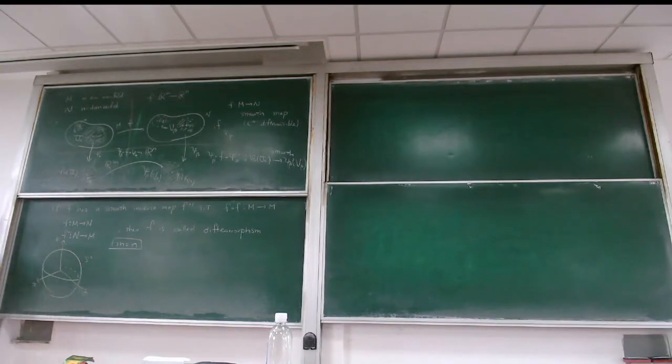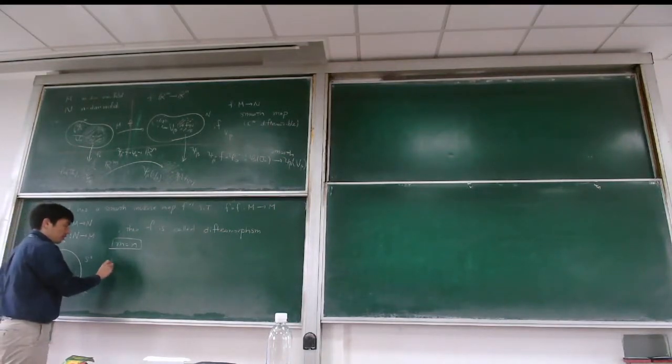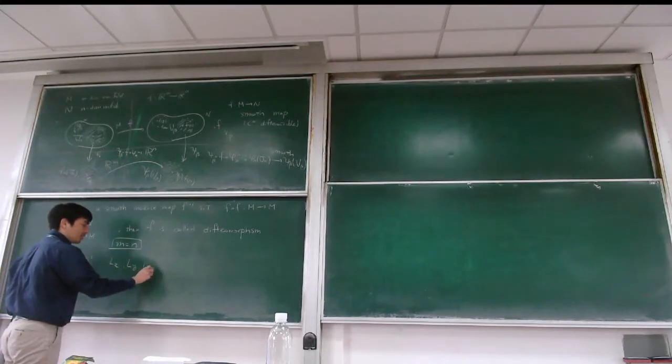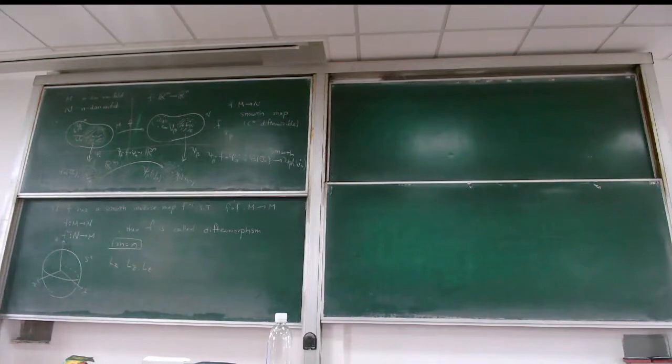Usual physicists will call it, and then you can just consider rotation around the x-axis and the y-axis, rotation around the y-axis and z-axis. So of course, the generators are Lx, Ly, and Lz. This is what you learn in quantum mechanics.